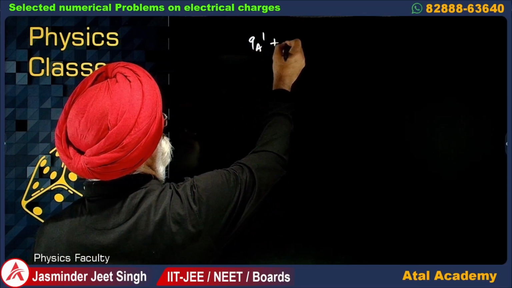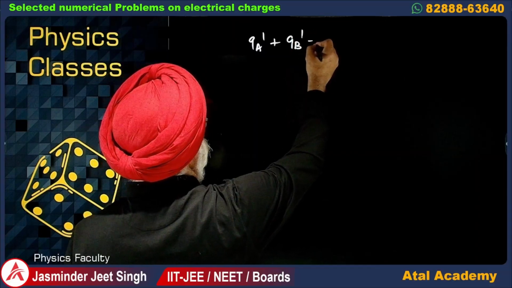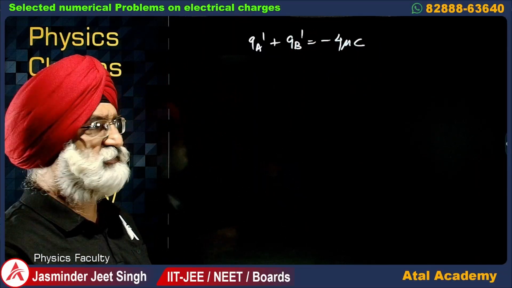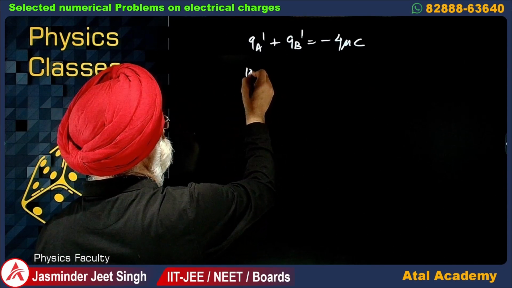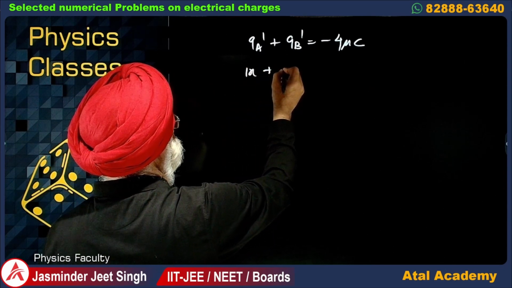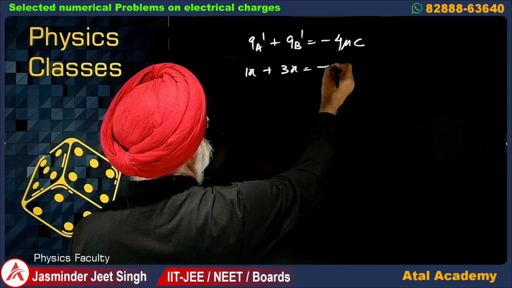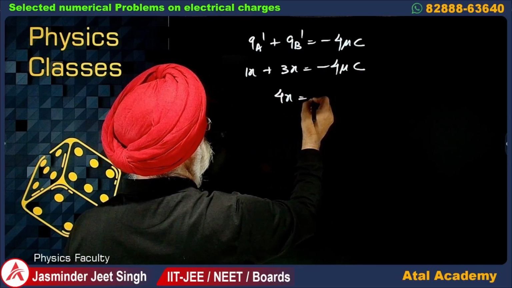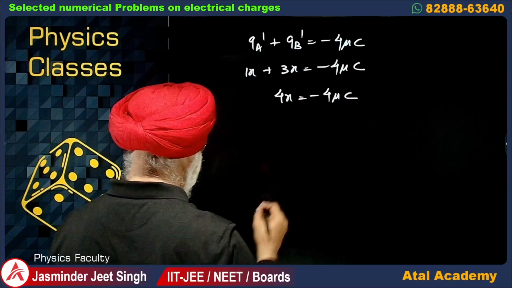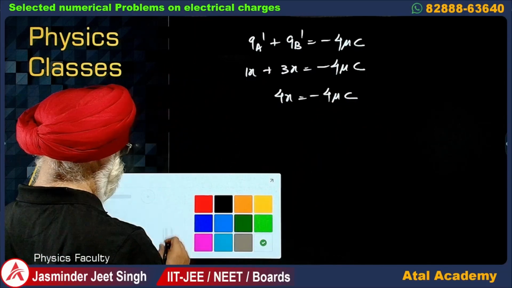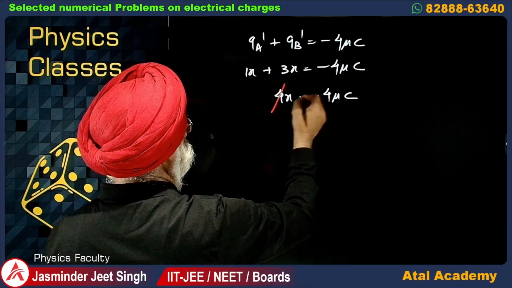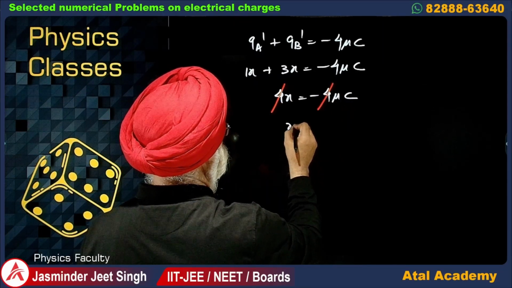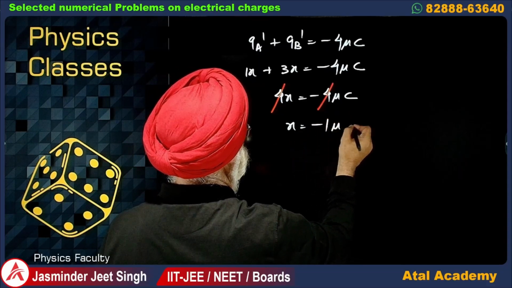QA dash plus QB dash will be minus 4 microcoulomb. QA dash is 1x and QB dash is 3x, so 1x plus 3x will be equal to minus 4 microcoulomb. That means 4x will be minus 4 microcoulomb. Here 4 and 4 will cancel. What we get is x is equal to minus 1 microcoulomb.